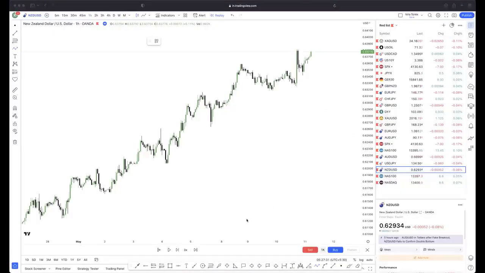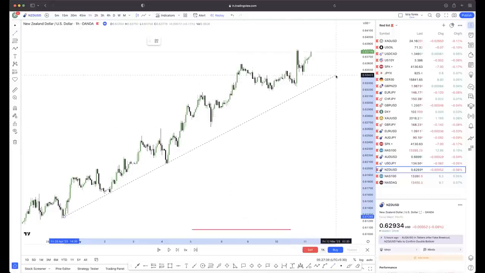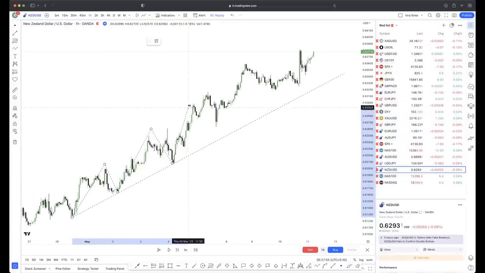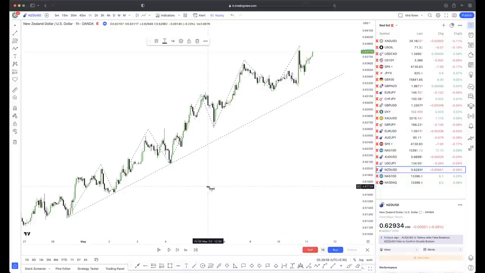This is an example of an uptrend structure or a bullish trend. So in a bullish trend, like I said, we have a series of higher highs and higher lows. So we have a higher high, higher low, higher high, higher low, higher high, higher low, higher high, higher low, and then we have another higher high. So in this type of market structure, what you need to do is to look for buys.